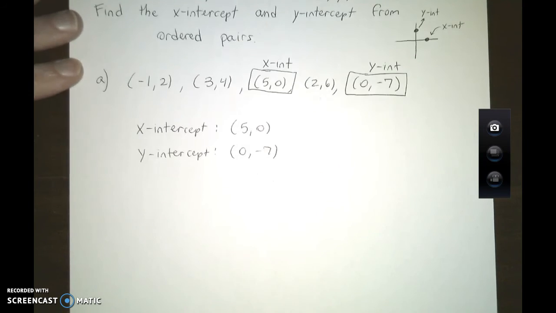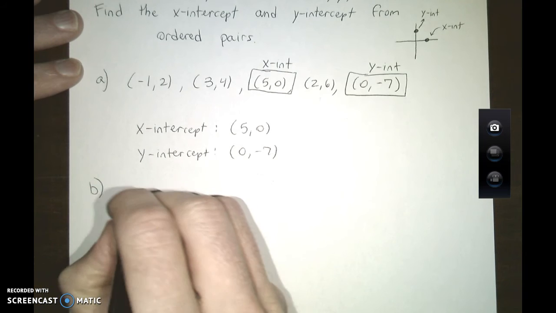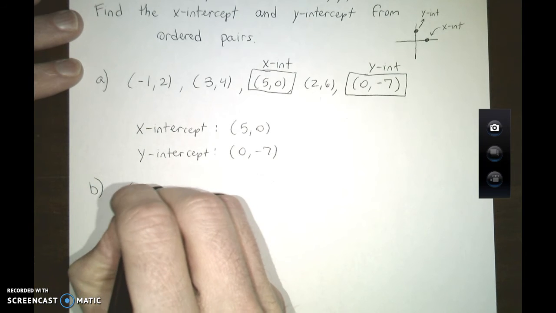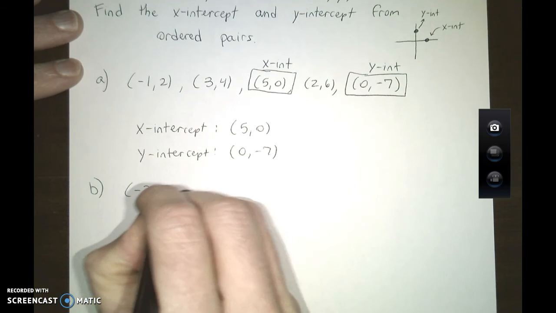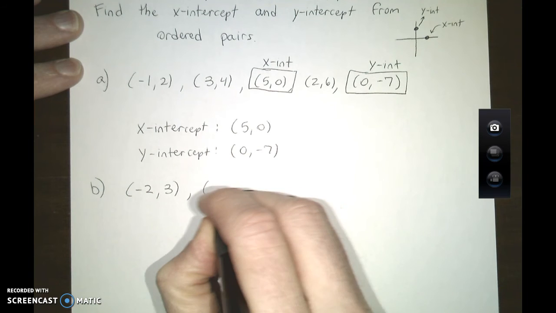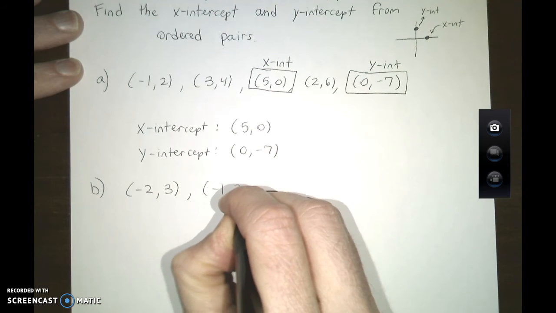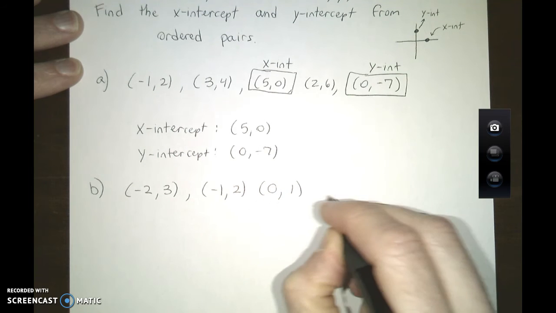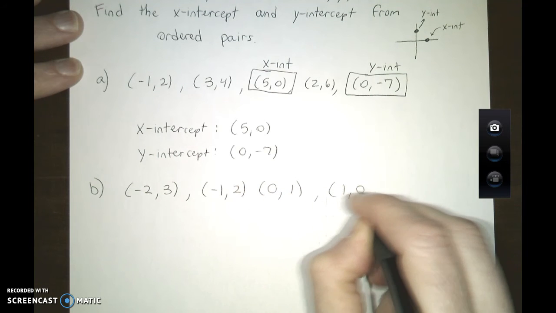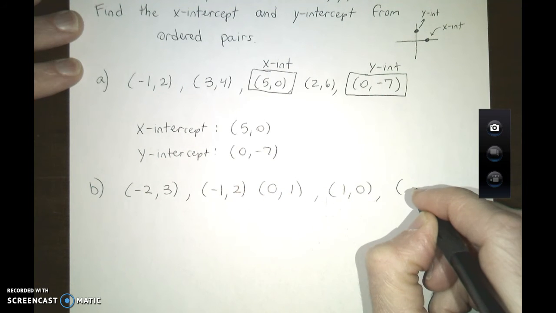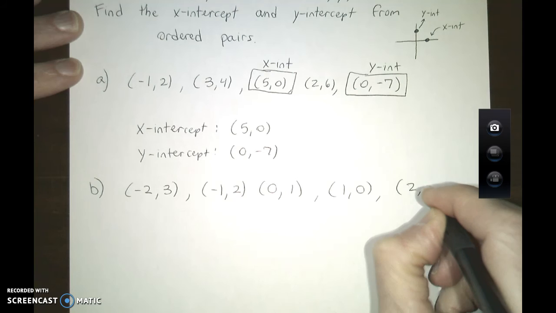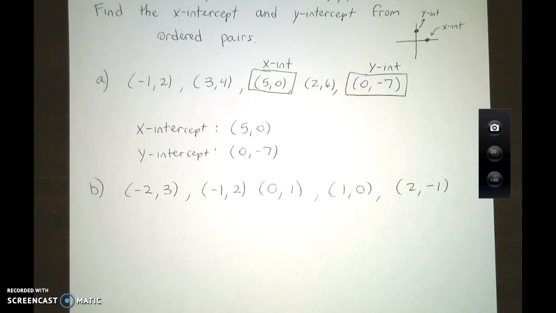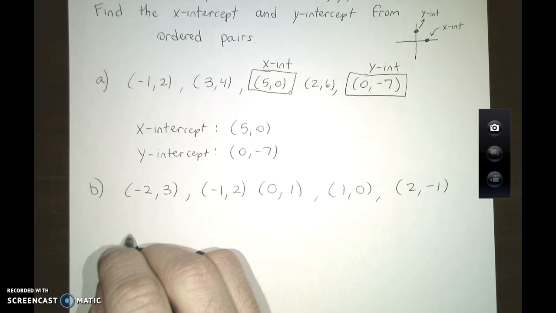Let's try another example. I'll put together a list of some ordered pairs, and then you find the x and y intercepts. So based on this problem, where do you see the x-intercept?